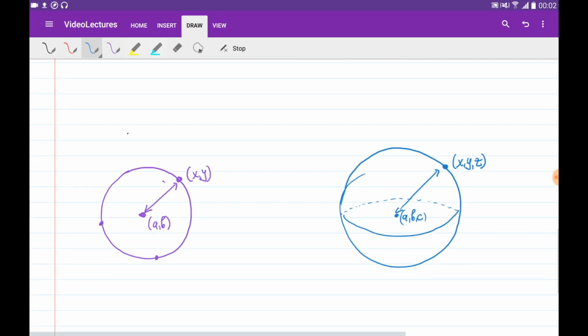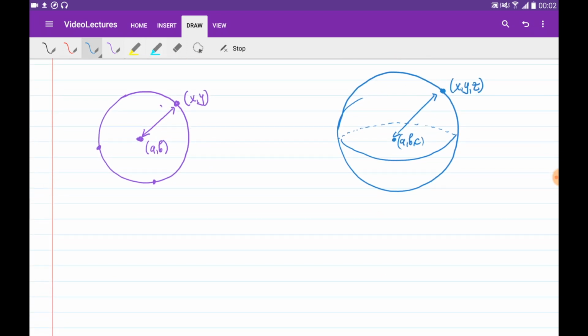So now let's talk about the difference between defining circles. We define the equation of the circle using this equation: x minus a squared plus y minus b squared is equal to the radius squared, right? So this is the general equation of a circle with a center at a, b and with a radius r.